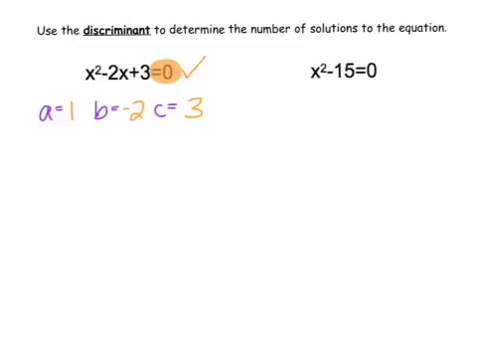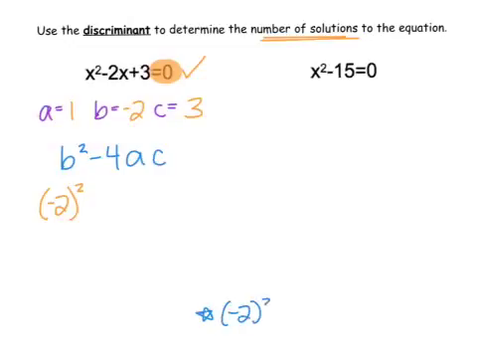We need to plug this into our discriminant, b squared minus 4ac, and solve to determine the number of solutions. When I plug in my b, it's a negative 2. Notice I'm using parentheses because we need to remember that negative 2 squared does not equal the negative of 2 squared.